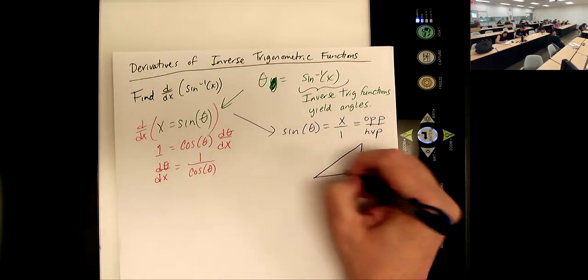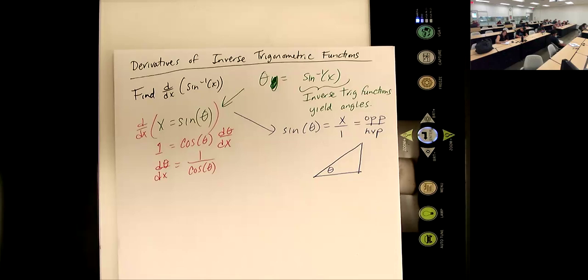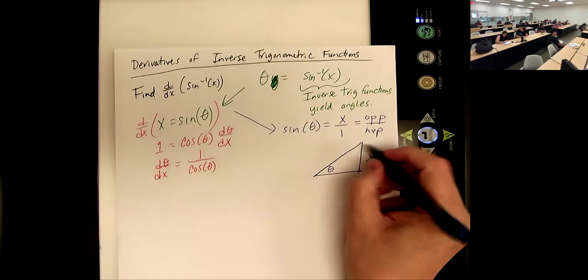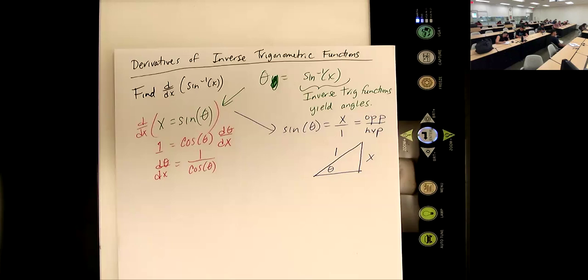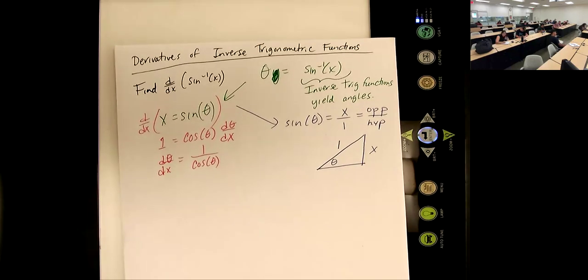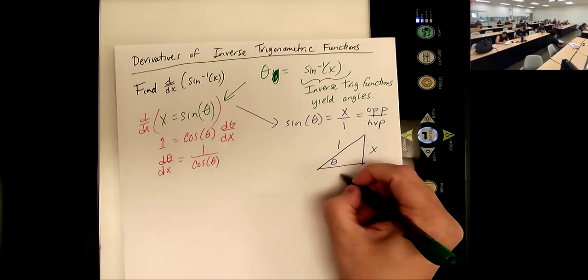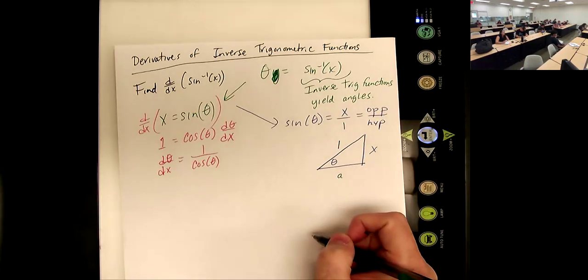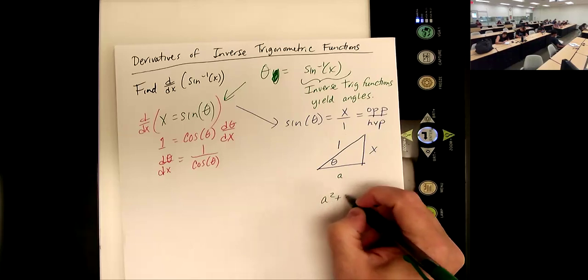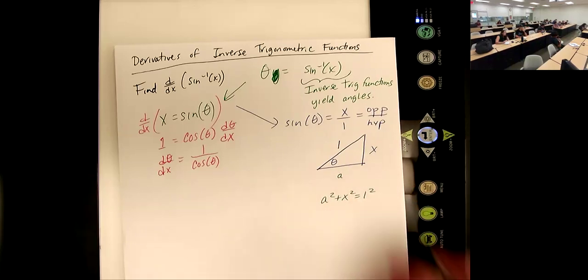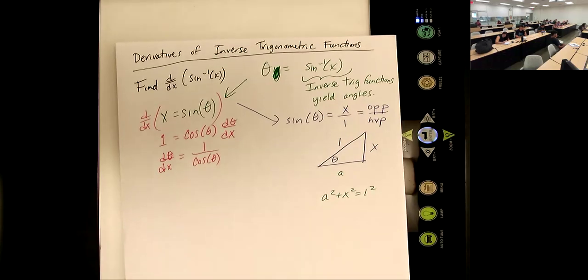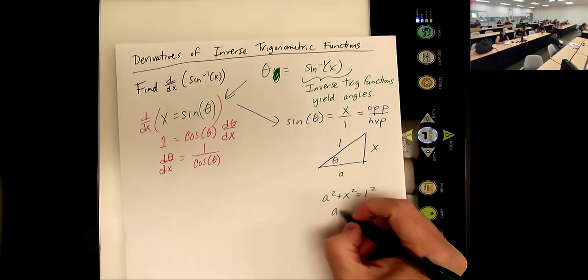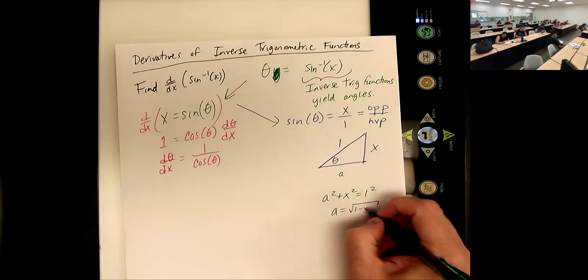If this is angle theta, opposite is x, hypotenuse is 1. And if we don't know what this is, we could call it a, and just do a squared plus x squared equals 1 squared. Pythagorean formula. And we can find out that a equals the square root of 1 minus x squared.